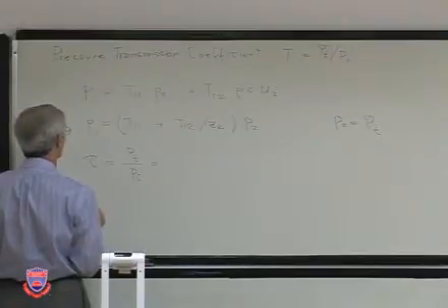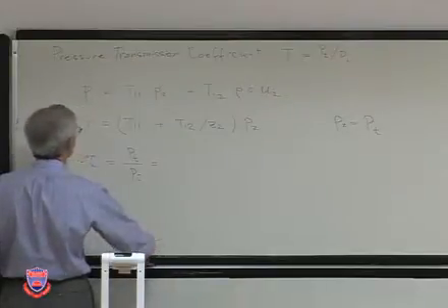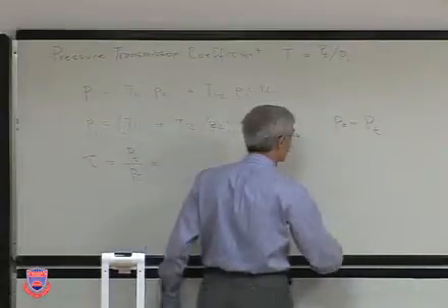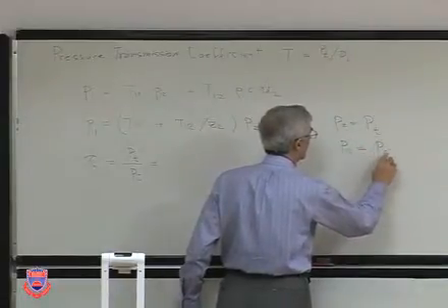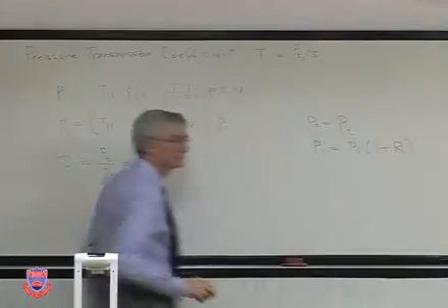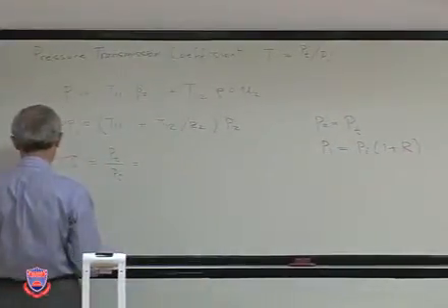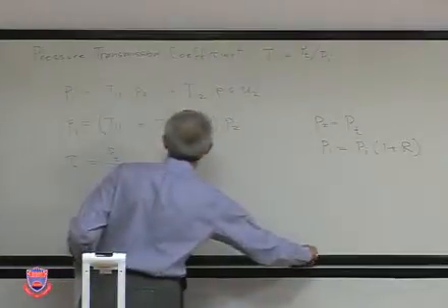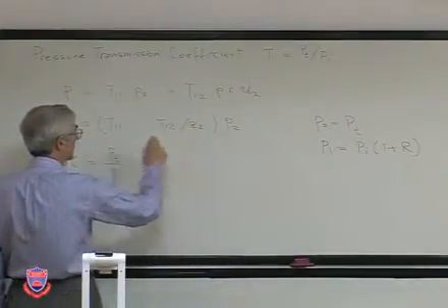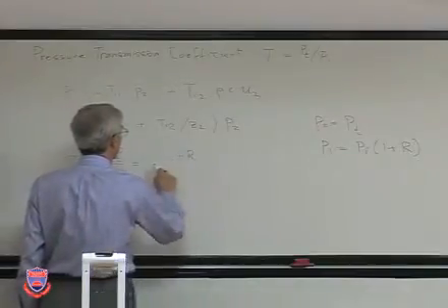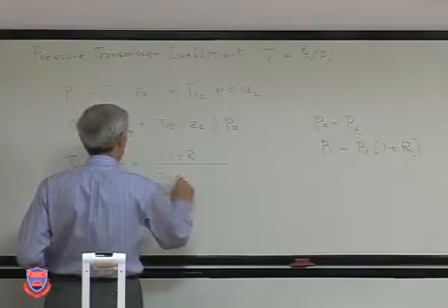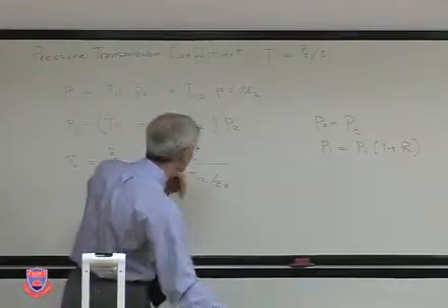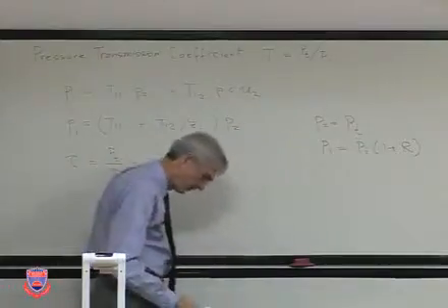Let's see, I want to do one more thing here. P1, just to remind you, is also PI times 1 plus R. So what we have is PT over PI equals 1 plus R divided by T11 plus T12 over rho C2.